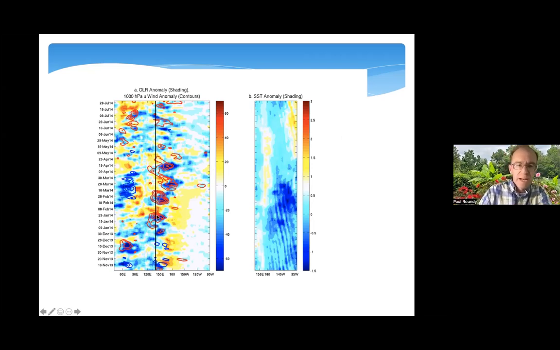But look what happened. Westerly wind burst, burst, burst, nada. So 2014 failed because the westerly wind burst activity ceased. Try to predict that.